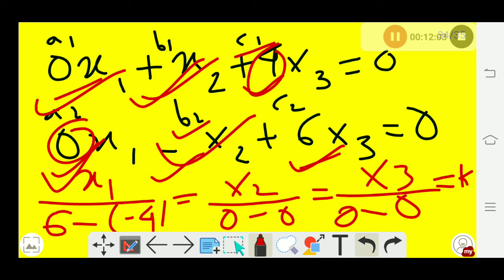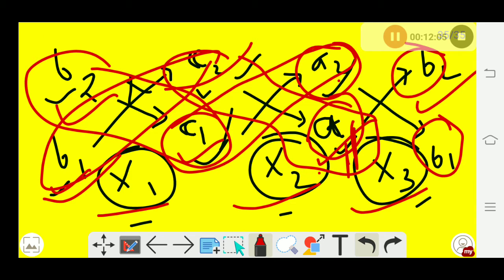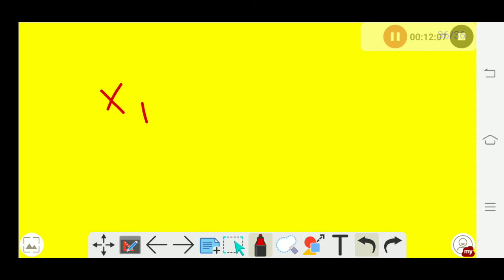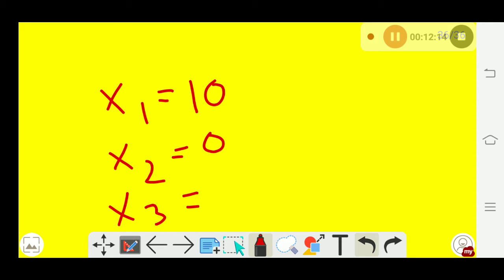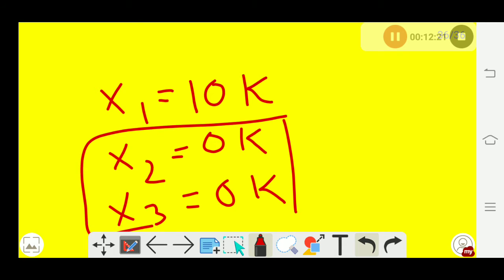If we take k, from here we can say that x1 is equal to 10, x2 is equal to 0, and x3 is equal to 0. And we have already found this.